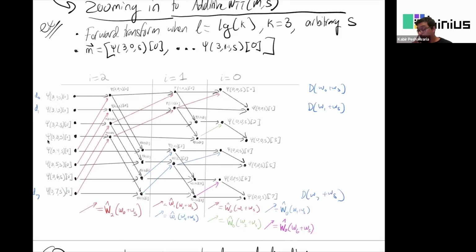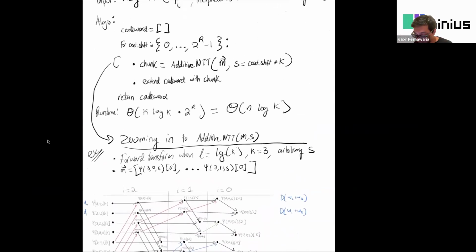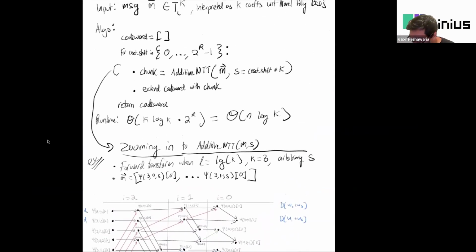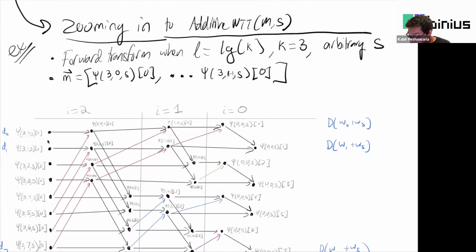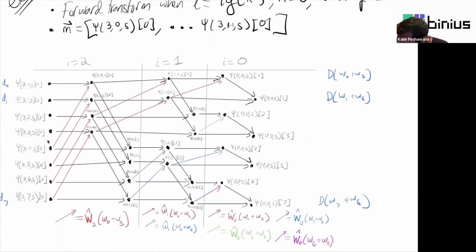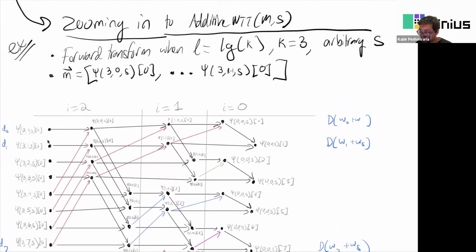s. And now when we set omega s to be something huge, like coset shift times k. So in this case, k was 3. So let's say that we set s to be, sorry, k here should be 8. What am I talking about?